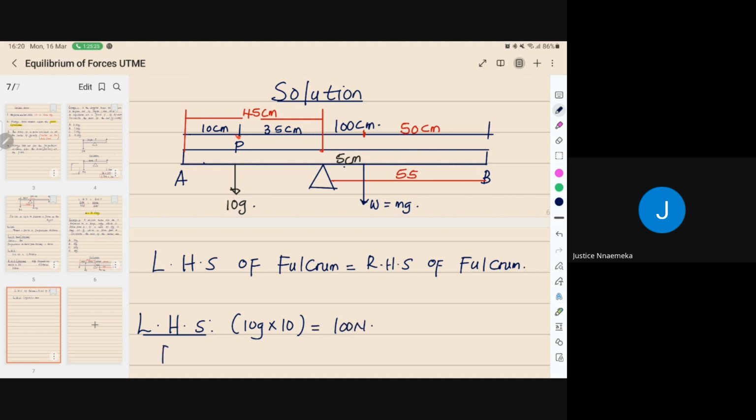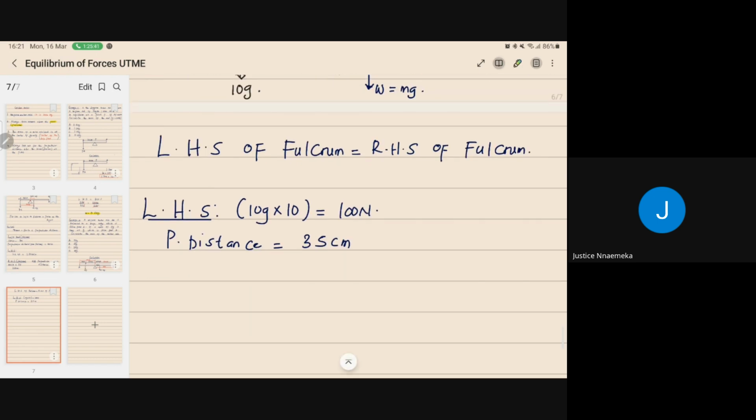So the perpendicular distance, I will write it as P.D. Perpendicular distance is equal to what? The distance of the 100 gram from that fulcrum here is 35 centimeter. Then on the right hand side as well, we have mg, isn't it?